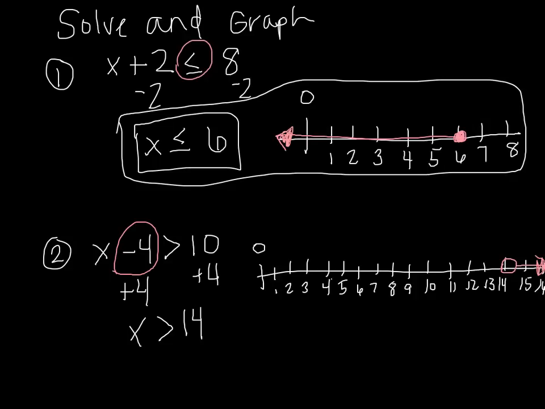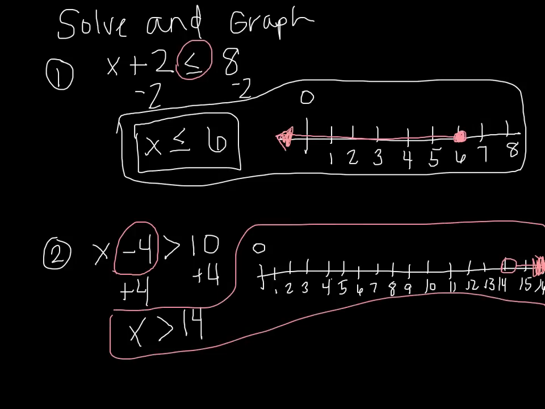Remember my grrr. Okay, so I go to the right, greater than, right, and this is my answer. All of that stuff. Okay, let's try some more. All right, let's do number 3.